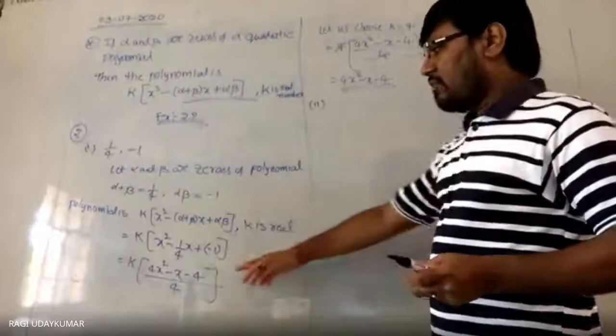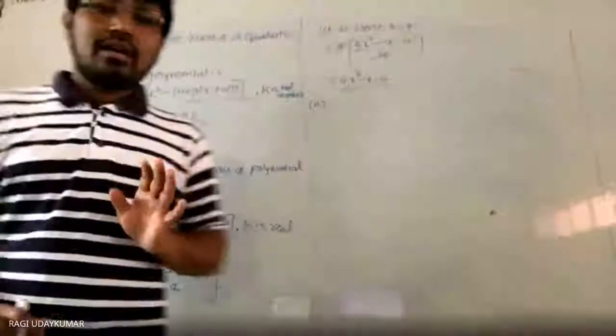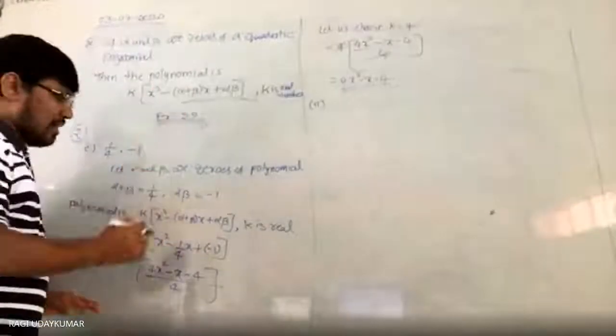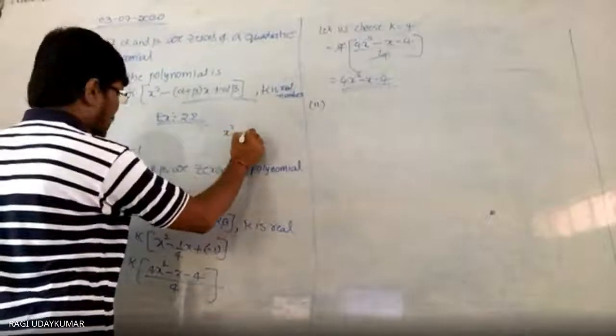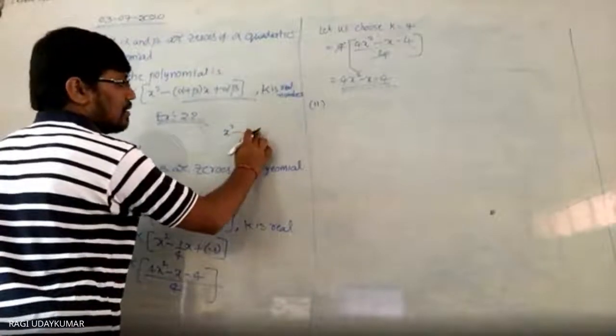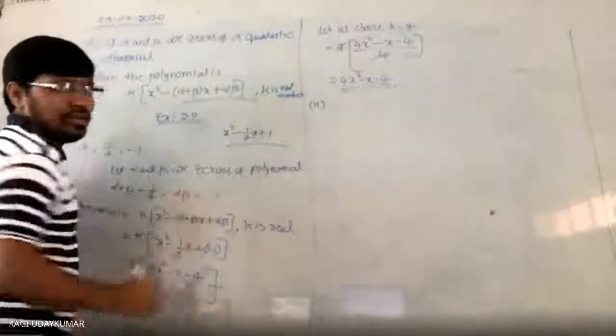If I write the polynomial as x² minus 1 by 4 x plus 1 is the polynomial.